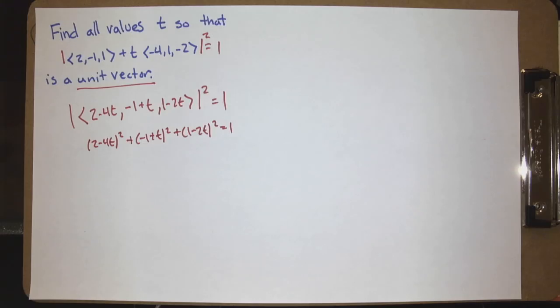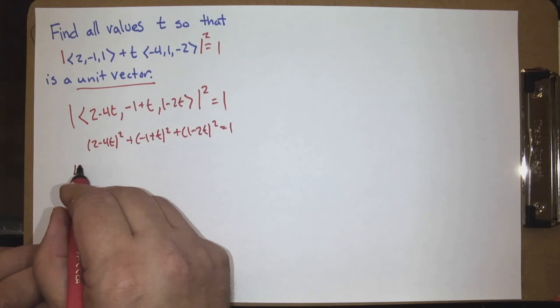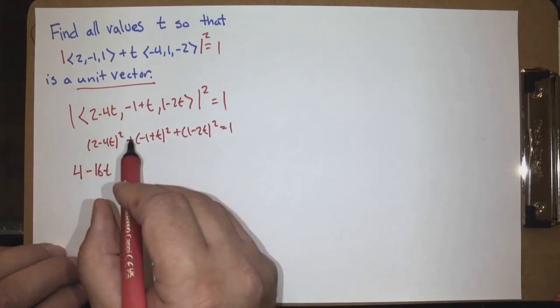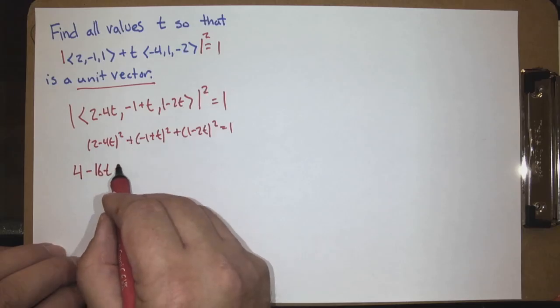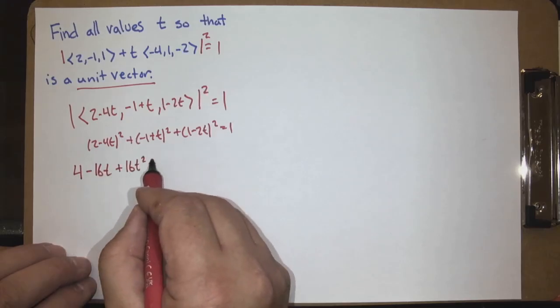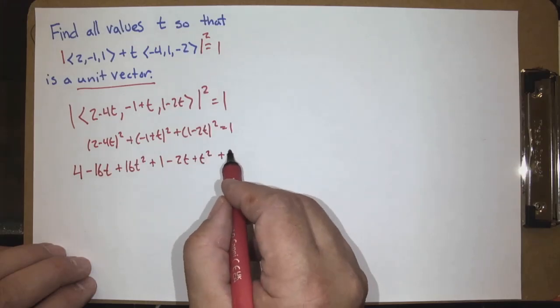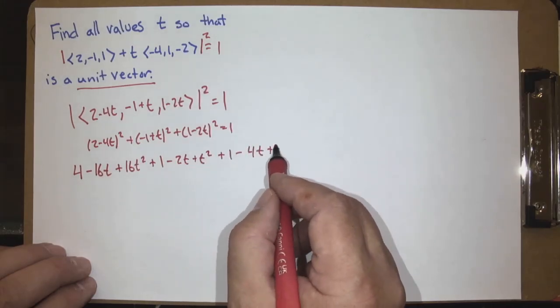Now, at this point, it's a pure algebra problem. Everything past here is algebra. Algebra. What a beautiful thing. Okay, so 4 minus 16t plus 16t squared, plus 1 minus 2t plus t squared, plus 1 minus 4t plus 4t squared.